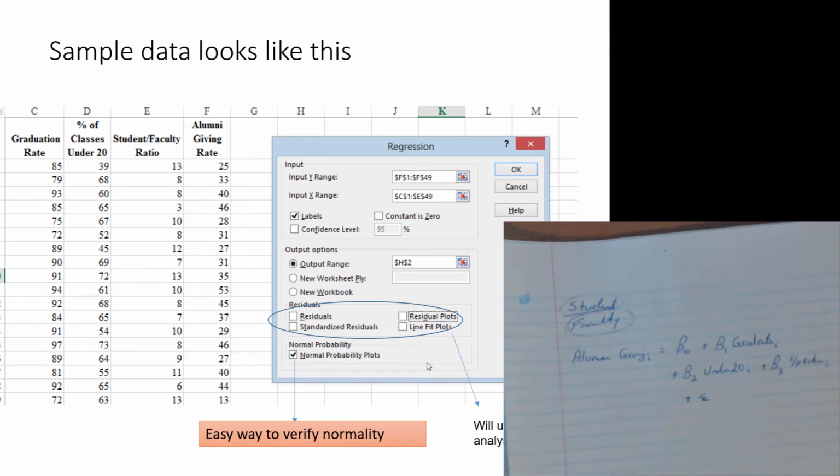We will use the normal probability plot because that's a very easy way to verify normality. Remember, one of our assumptions from the simple linear regression case is that our errors are normally distributed. And if our errors are normally distributed, the y, the observations, the dependent variable, is also normally distributed. Okay? So that's an easy way to verify it.